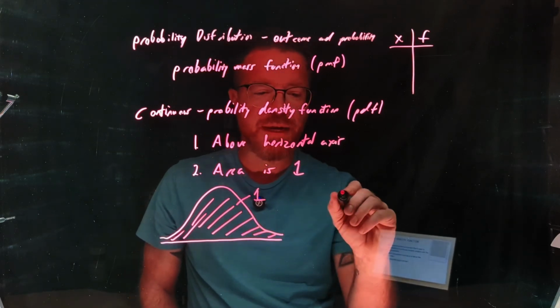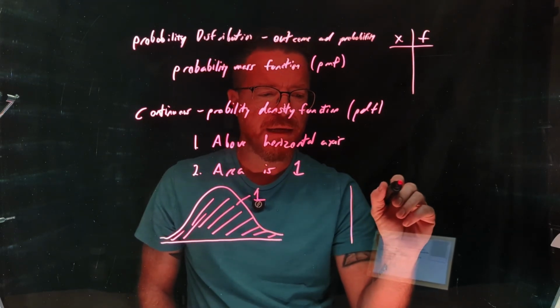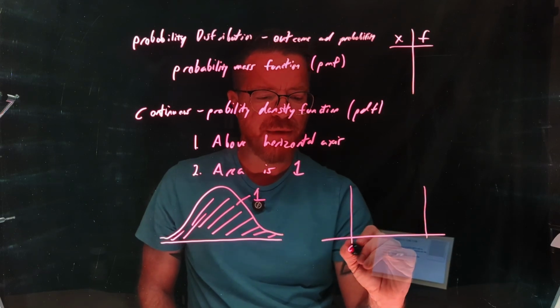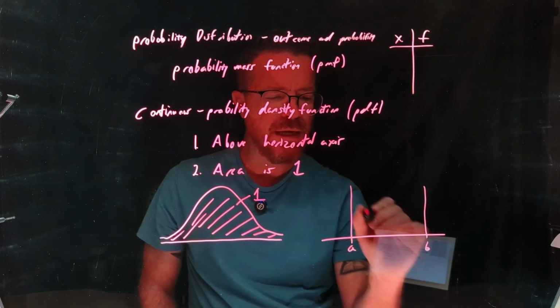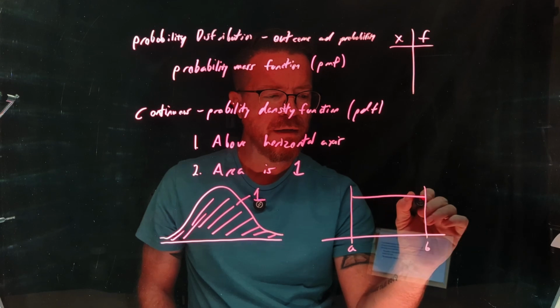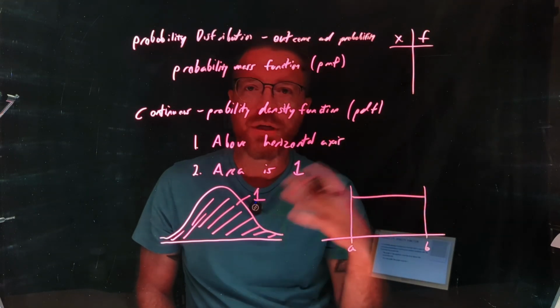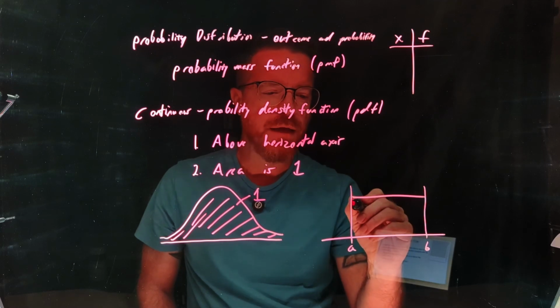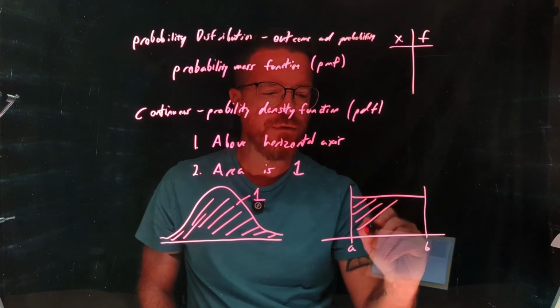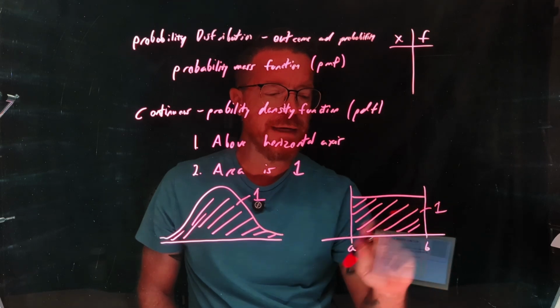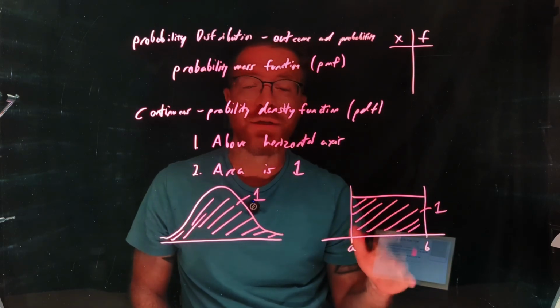Or another example you might have would be something like a uniform distribution, where you have some A, some B, and it's the area underneath this curve, which in this case is a straight line, because in a uniform distribution, all outcomes are equally likely. So the area under this curve would be 1, and it is at or above the horizontal axis.